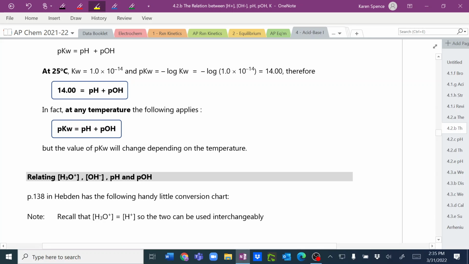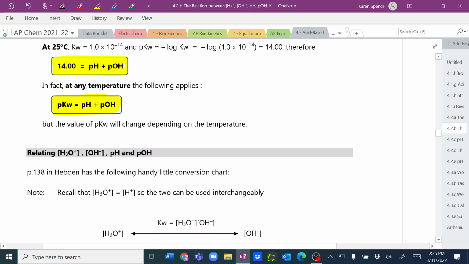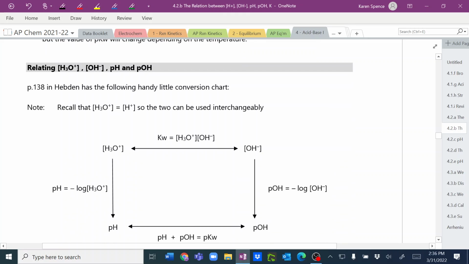So all you really need here, because we covered a bunch of the stuff on the previous pages earlier, is you need to know that 14.0 is equal to pH plus pOH, and pKw is equal to pH plus pOH. Hebden has a handy little conversion chart on page 138, which I have included here.